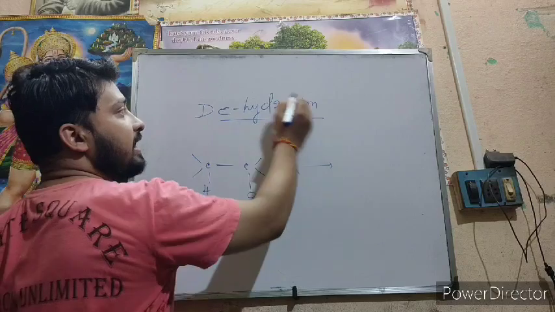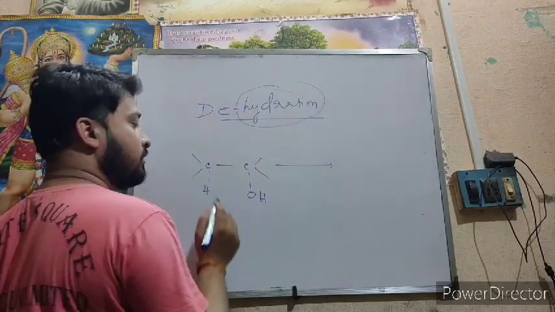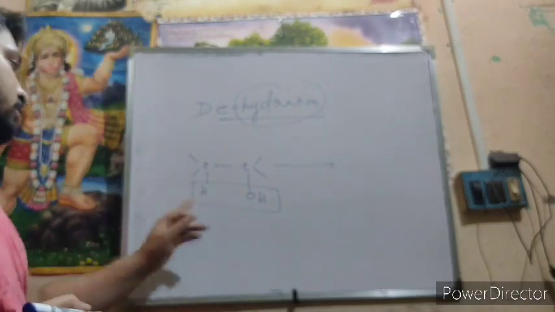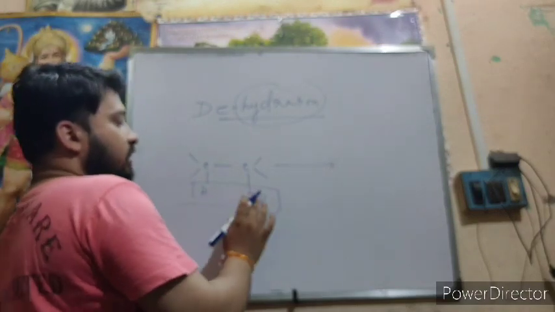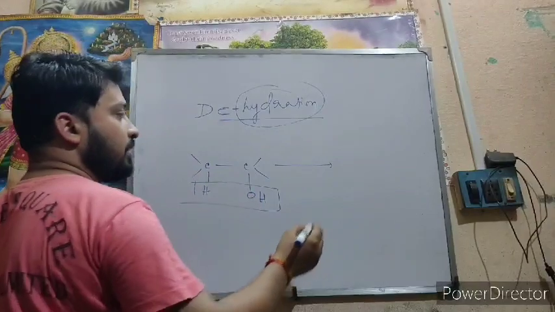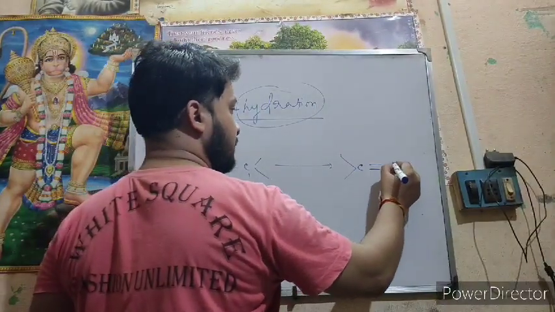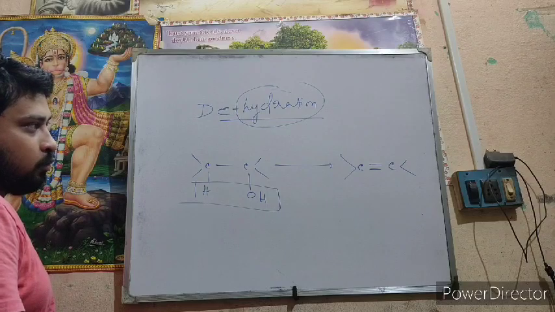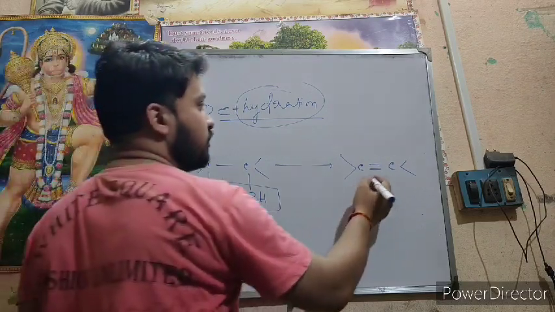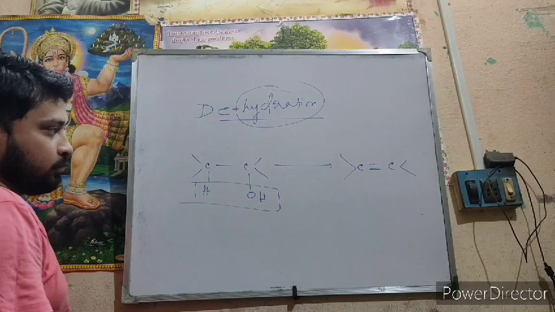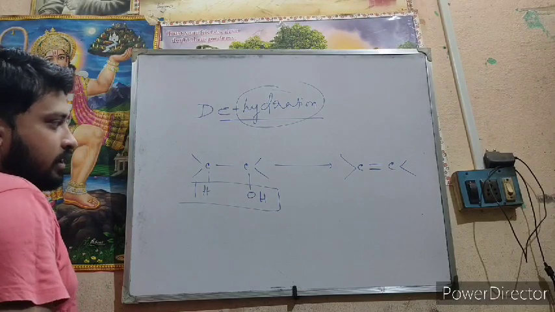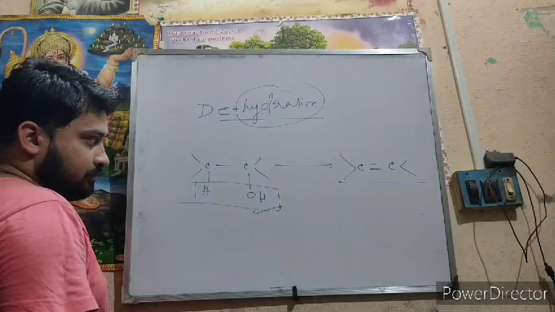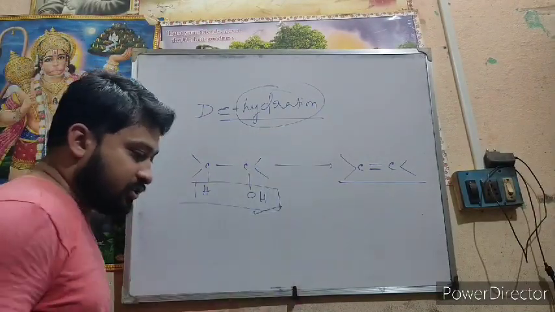So this is dehydration. If you dehydrate from OH and H, the water is removed from here, so a double bond is made. The product is water. Water is removed, so the product is an alkene group. This is the dehydration reaction.